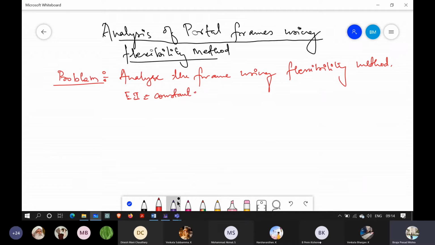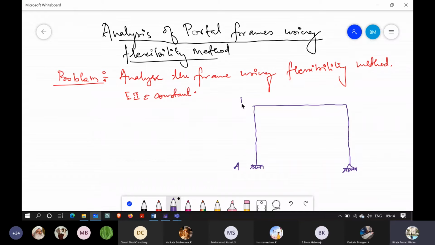Now, how does the frame look? The frame looks like this. This support is fixed, this support is hinged.